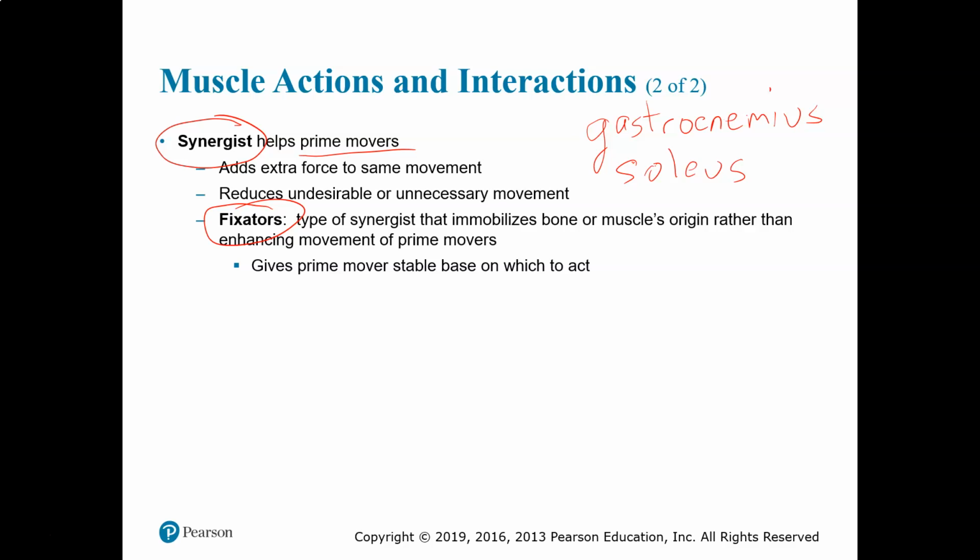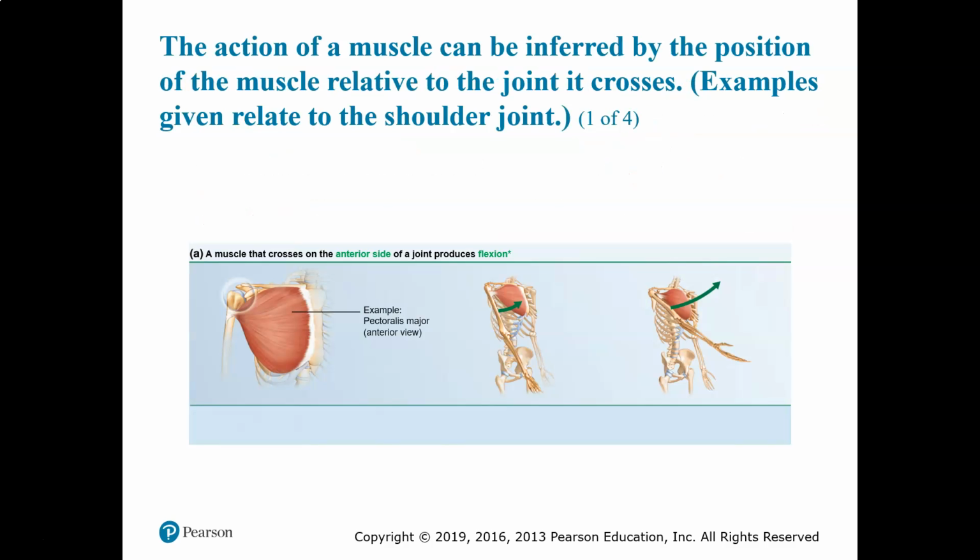So a fixator is not a synergist that helps prime movers move, but it helps give stability. Fixators, for example, are the muscles that help you to sit up and stand up. The erector spinae muscles are examples of fixator muscles, and they're going to help you to sit and stand erect.